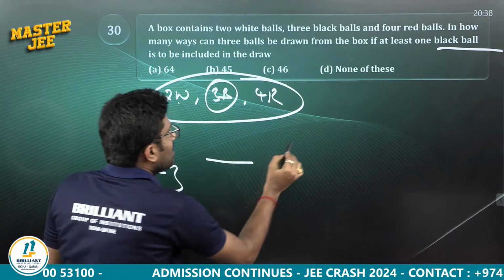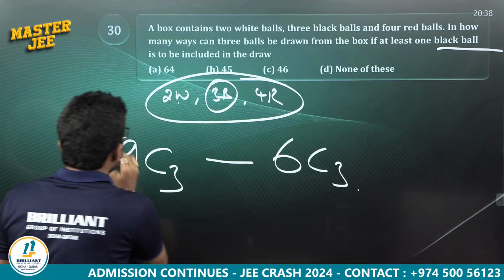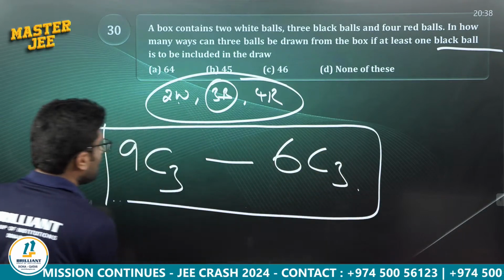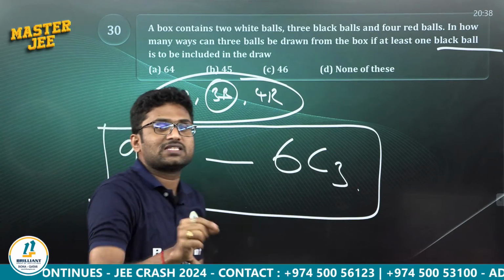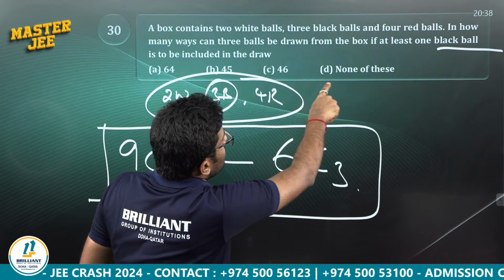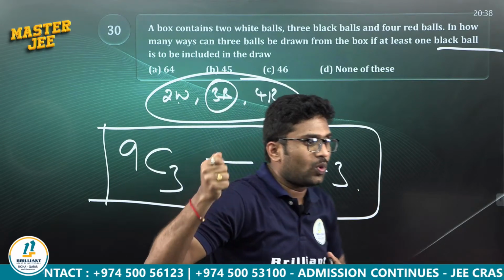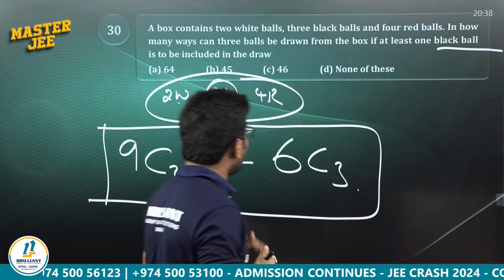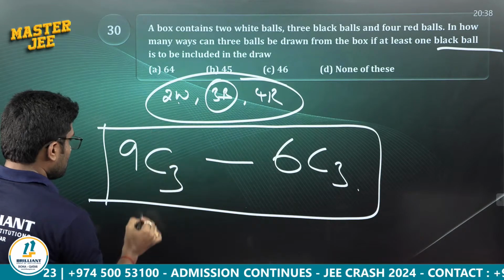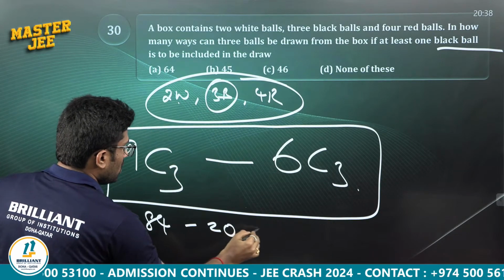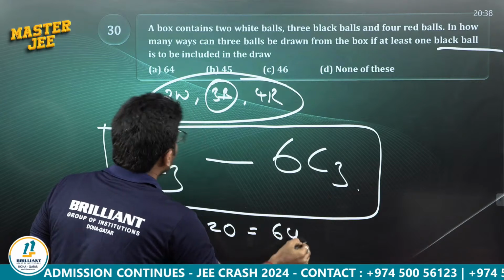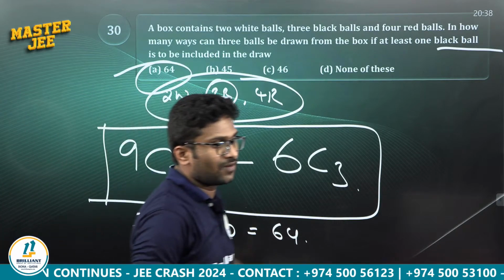Of these 6, 6C3. So 9C3 minus 6C3 denotes the total number of ways of selecting 3 balls in which at least one black ball is included. 9C3 minus 6C3 is 84 minus 20, which equals 64. The answer is option A, which is 64.